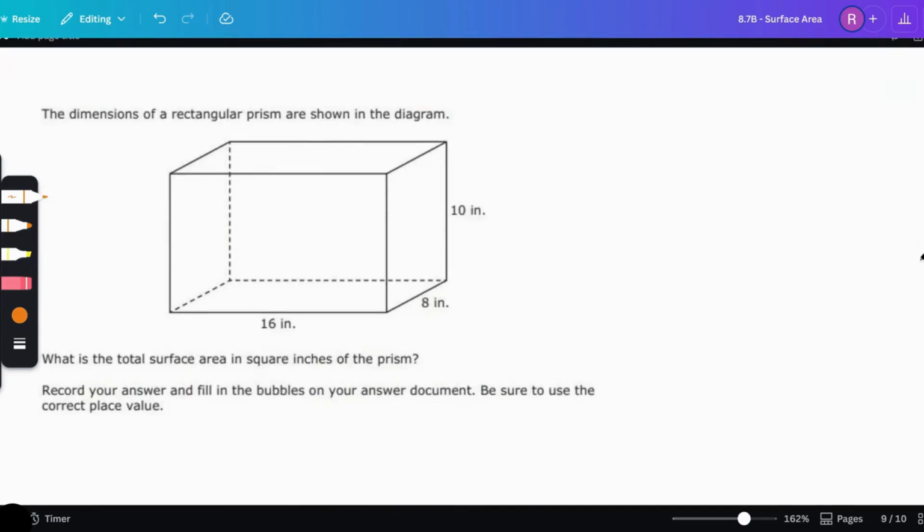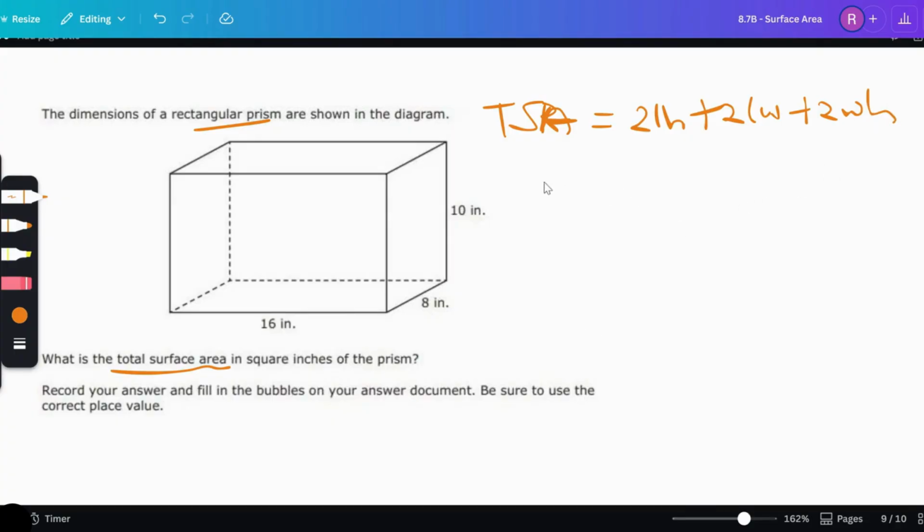The dimensions of a rectangular prism are shown in the diagram. What is the total surface area? Now we are dealing with the total surface area of a rectangular prism, and that is 2LH plus 2LW plus 2WH.